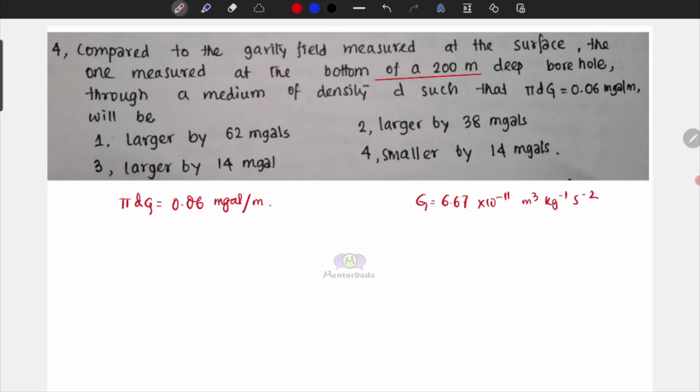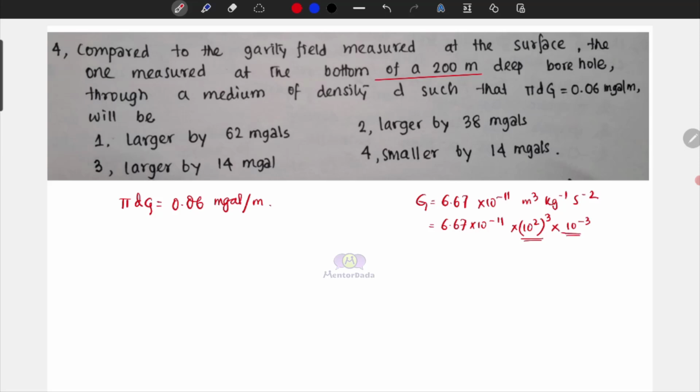If you want to determine the value of density in CGS unit, you have to put the value of G in CGS unit also. So 6.67 into 10 to the power minus 11, into 10 to the power 6 to convert meter cube into centimeter cube, and to convert kg into gram you have to multiply with 10 to the power minus 3.